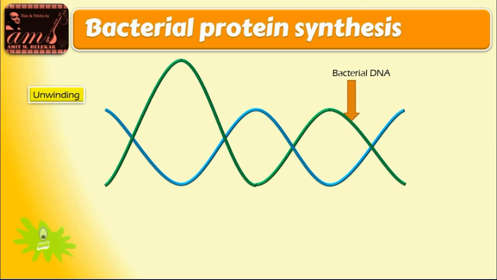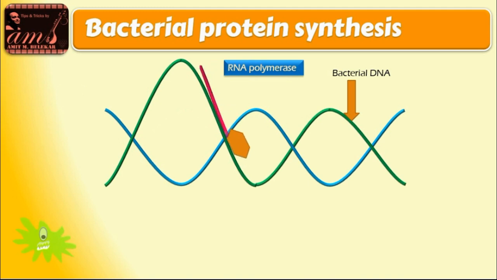Then an enzyme named RNA polymerase reads the portion of one of the DNA strands which has the codes for the synthesis of proteins and duplicates that portion, which is called mRNA. This process is called transcription.